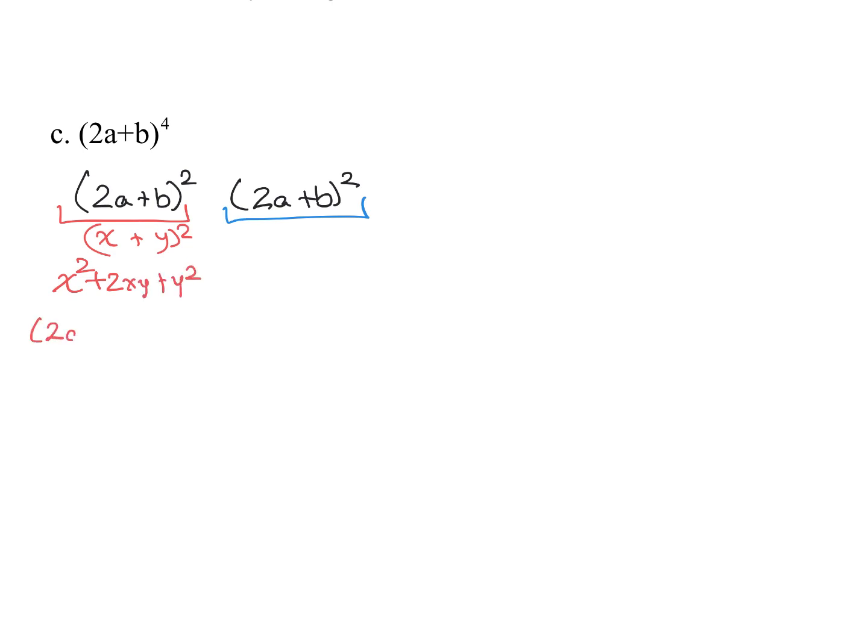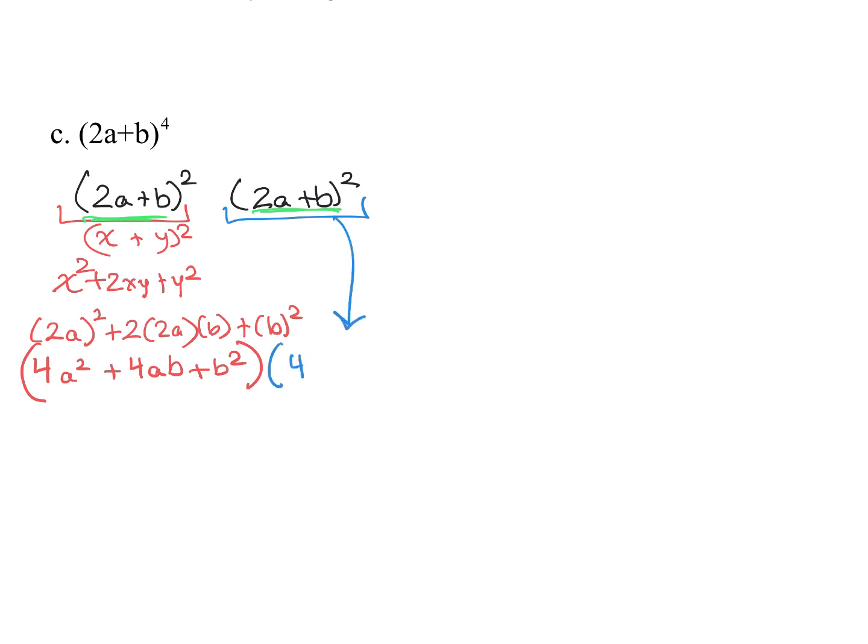So it's going to be a 2a squared plus 2 times 2a times b plus a b squared, which is 4a squared plus 4ab plus b squared. Because these two green underlined things are exactly the same, I actually have 2 of them. So here's the red one right here, and the blue one would have been exactly the same. 4a squared plus 4ab plus b squared.